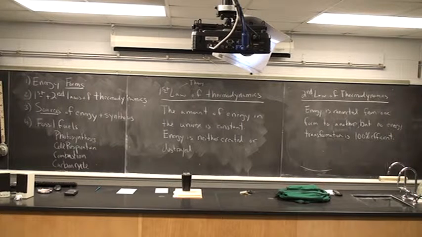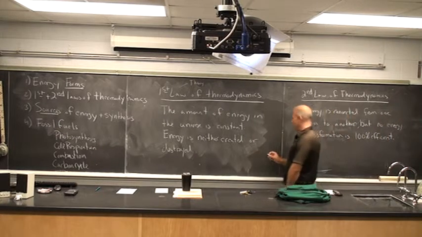I'm not done writing, but let's just digest this for a second. So even though the total amount of energy in the universe is constant, what does happen is that one form of energy can get converted into another form of energy. That, by the way, is called energy transduction.